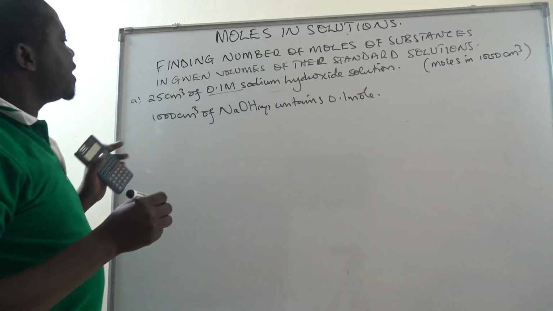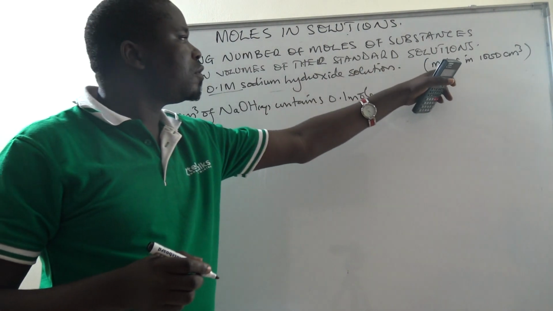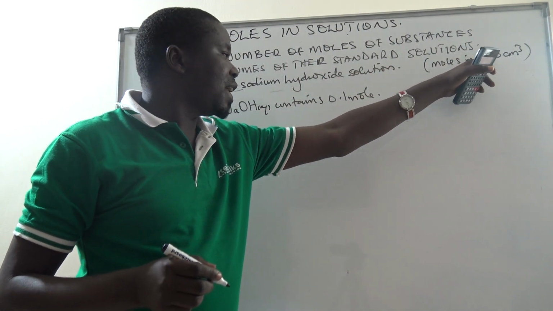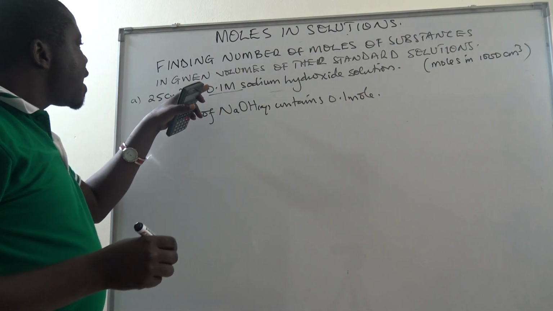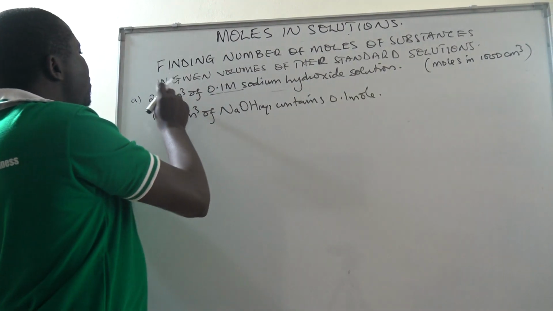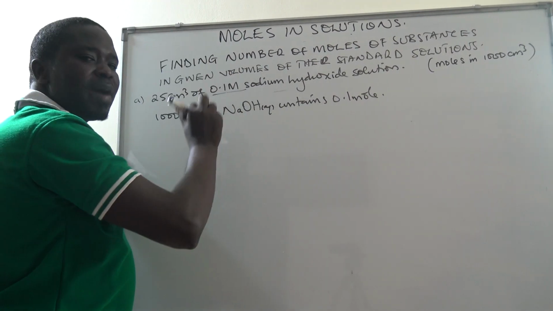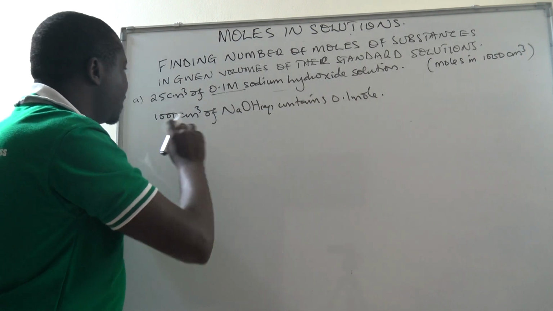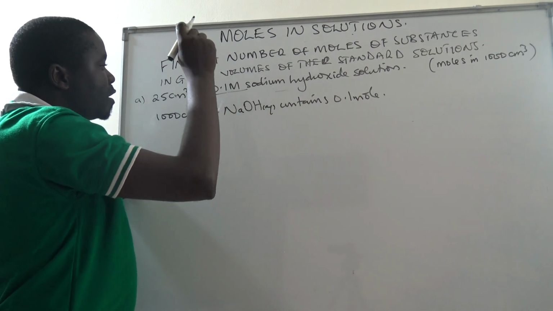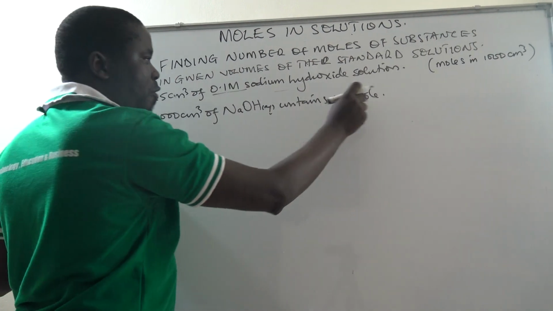We have only written the expression of the molarity because molarity is the number of moles in 1,000 cubic centimeters. Remember, we are looking for number of moles here. So moles goes to the right hand side and volume will be on our left hand side. But we start with the molarity. We start by writing the expression of molarity. So 1,000 cubic centimeters of the sodium hydroxide solution contains this number of moles, 0.1 mole.